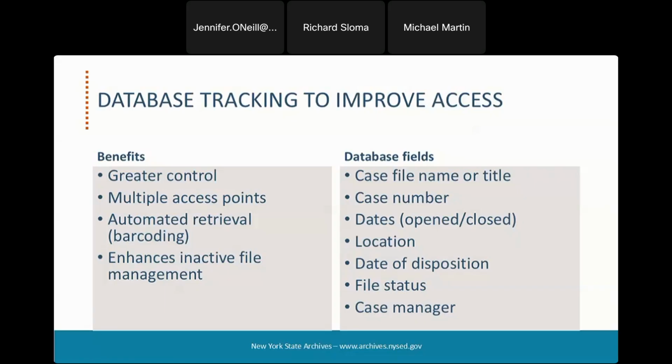Active files, inactive, microfilm, digital systems, and so on. What's the date of the disposition? So the database can give you a list of all the records to dispose of on a certain date. Spit it all out at once. File status: is it open? Is it closed? Active or inactive? The case manager, this is the person or position in charge of maintaining that file.